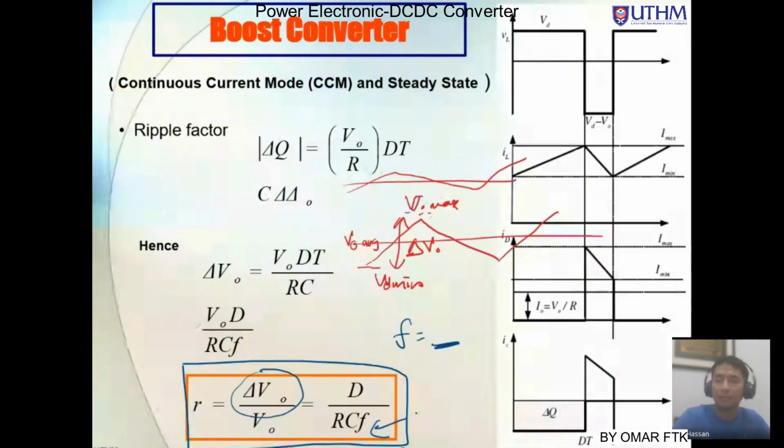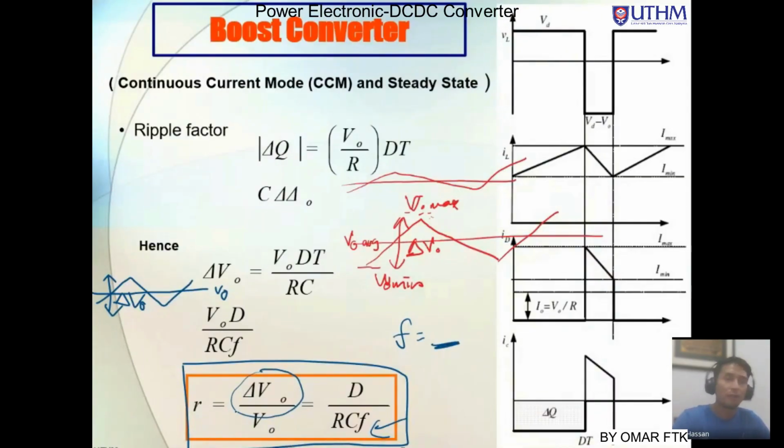This means if we have our V out like this, delta V out is the V out maximum minus V out minimum. So that one is the delta V out. And basically V out is in the middle.